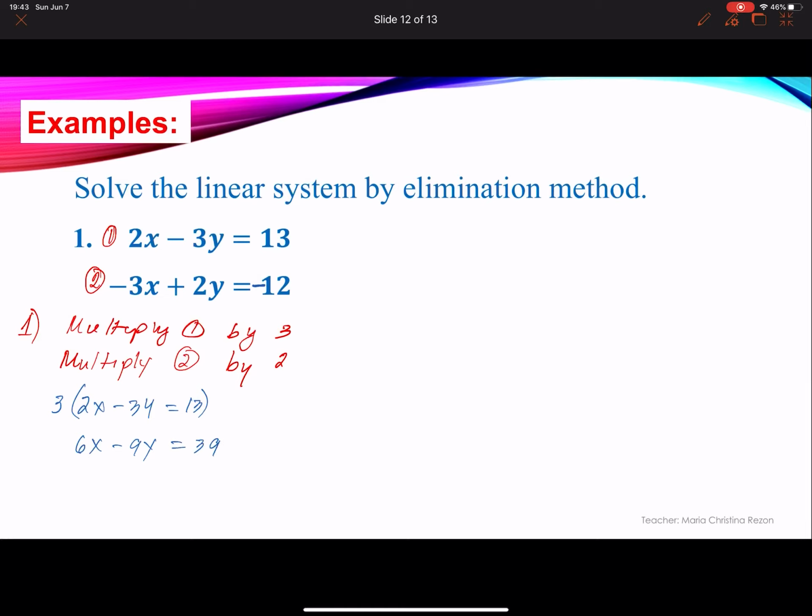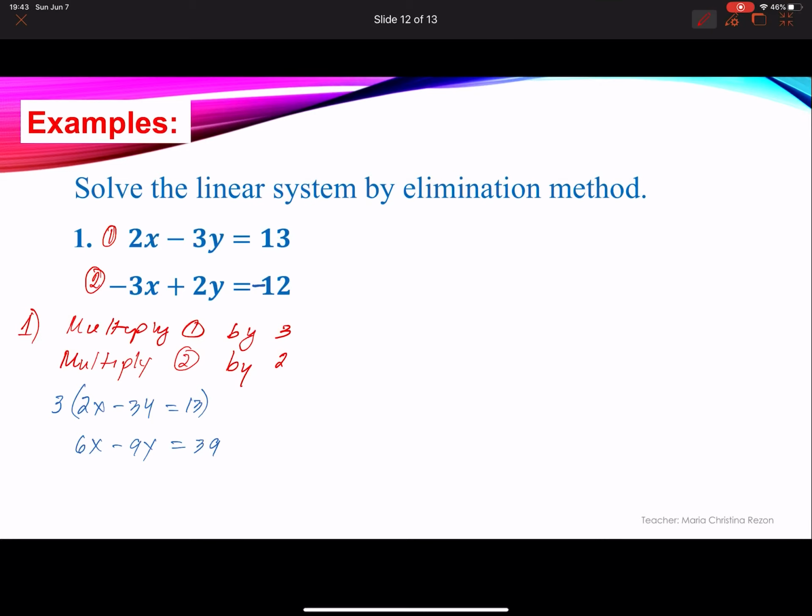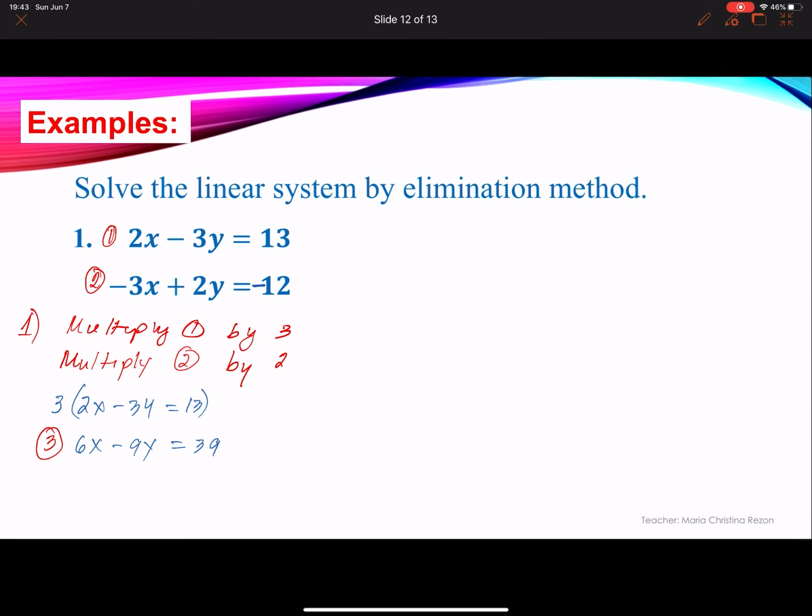And then you call this one your third equation. Okay, and then let's have the second equation.